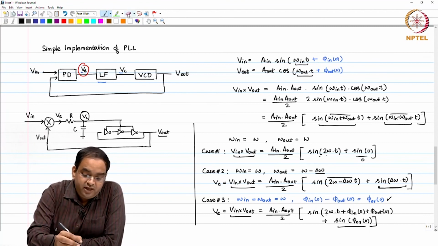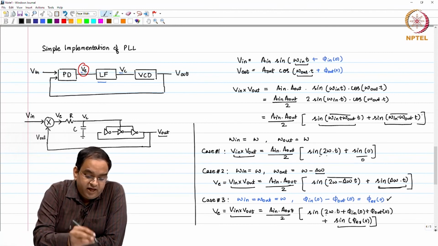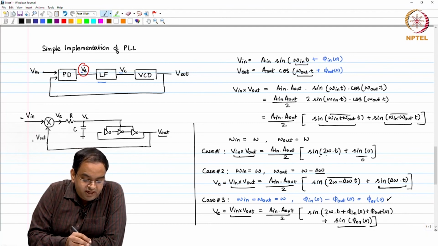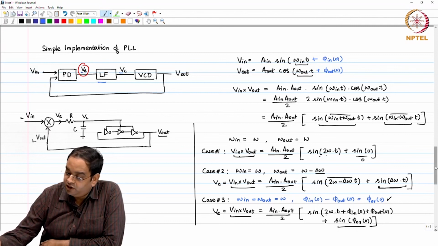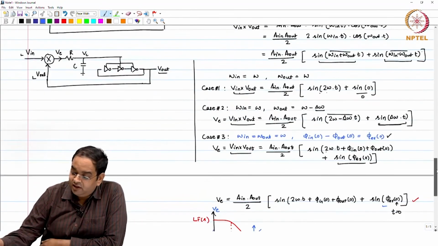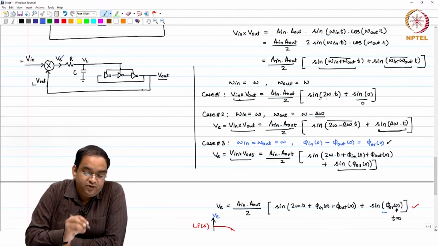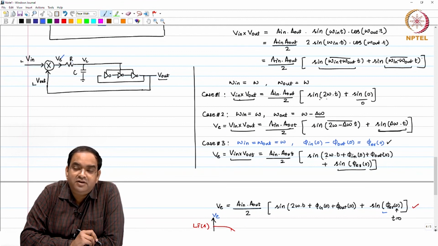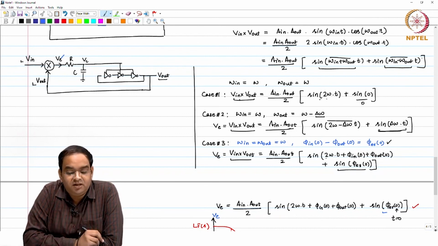So, what you see now is the following: my input is still a voltage and the output is a voltage, but I operate on the phase error between the input and the output signal, and I give you an error voltage like this. Then you have the resistor R and C which constitute the loop filter, and it rejects the high frequency component.